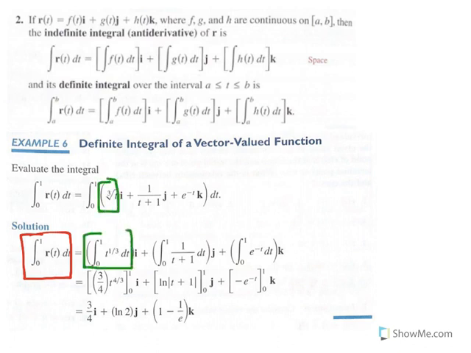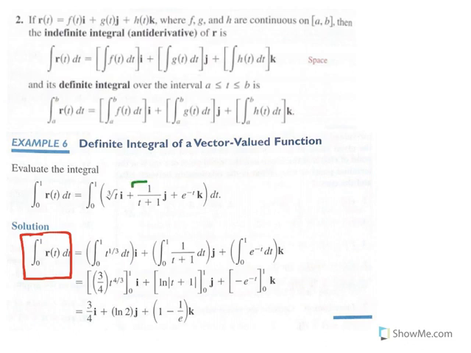So here we have the definite integral of the cube root of t from 0 to 1 with respect to t, multiplied by the standard unit vector i. And of course, you can write the cube root of t as t to the 1/3.